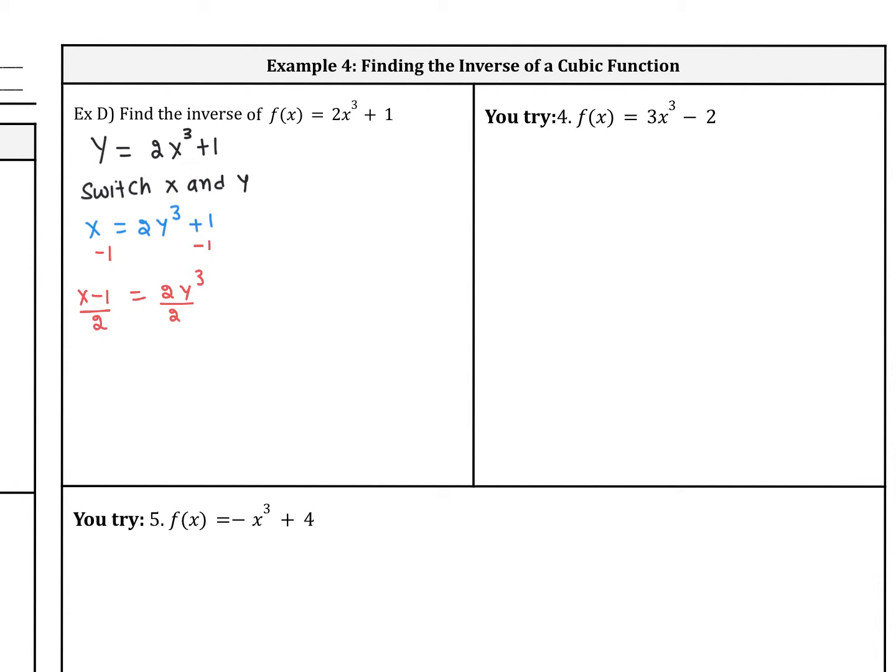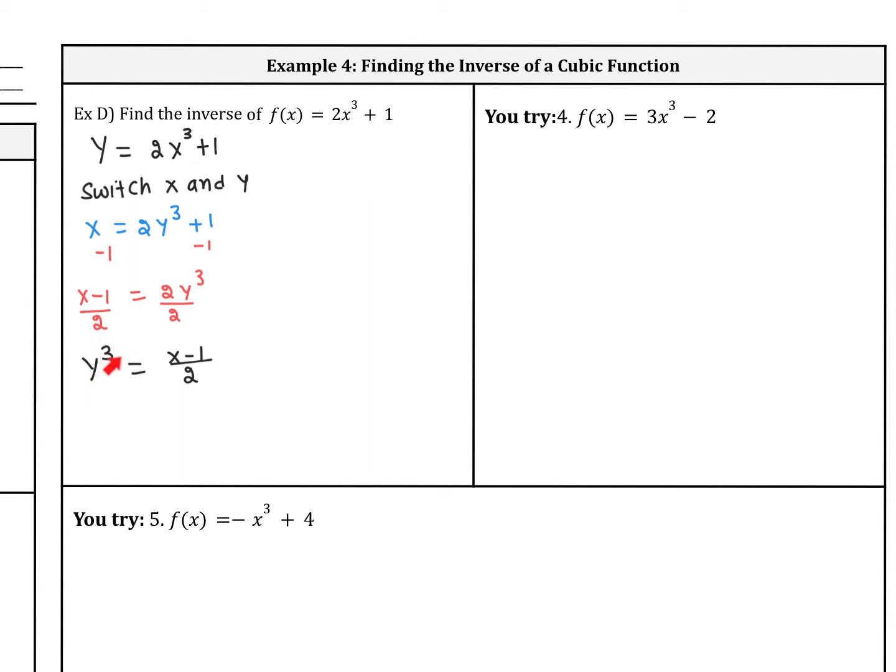Divide by 2 on both sides. What you got here is y cubed equals (x minus 1) over 2. When you're solving for y, it means that we need to remove this cube as well.